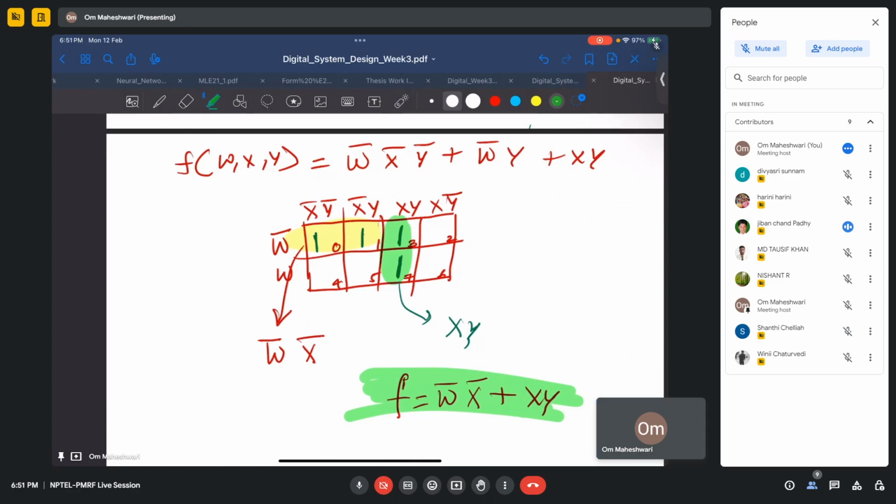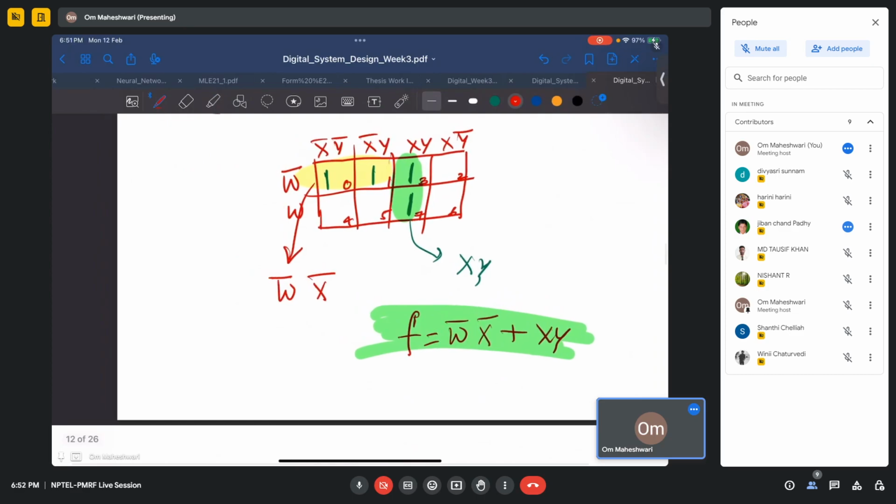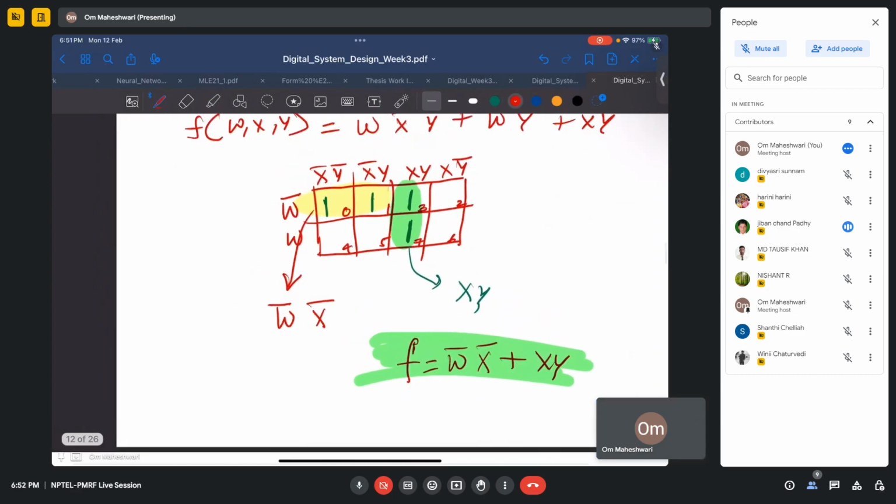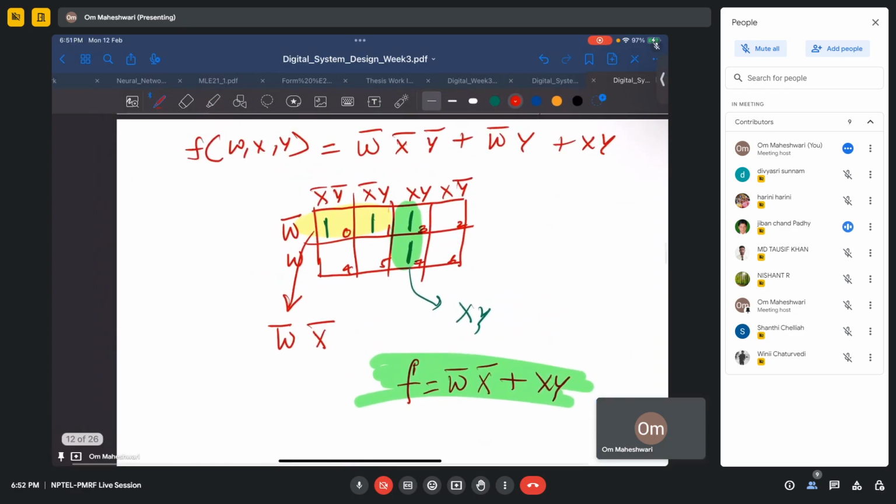Sir, actually, in this function, I do one more step. After the final step, you are getting w bar x bar y bar plus w bar y plus xy.